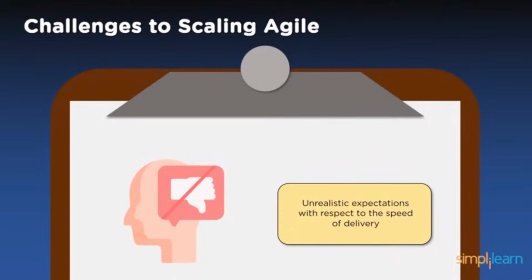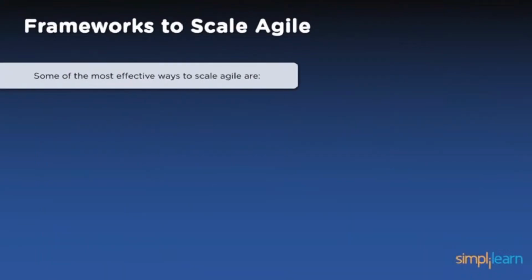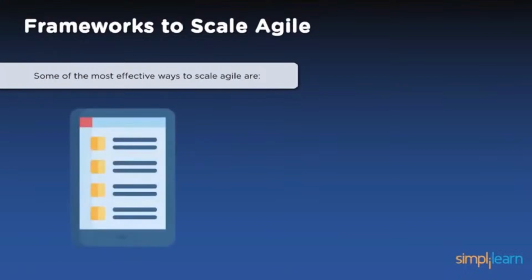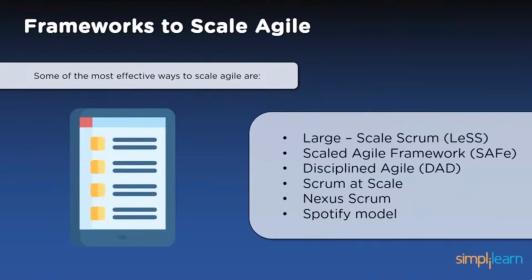That is very important. As for the frameworks for scaling Agile, there are various different frameworks. Some of the most effective ways to scale Agile would be Large Scale Scrum, called LeSS, Scaled Agile Framework, Disciplined Agile, Scrum at Scale, Nexus Scrum, and the Spotify model.